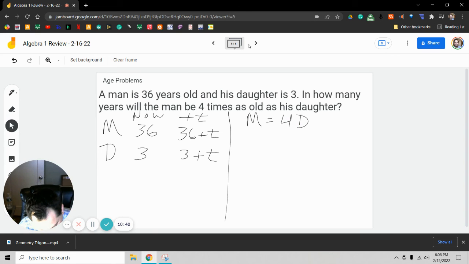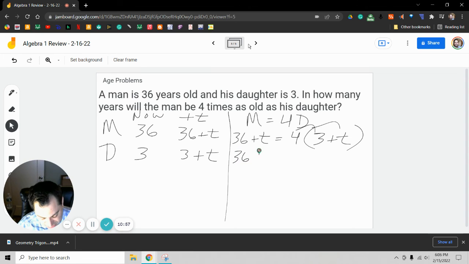So the man is 36 plus t equals 4 times the daughter. The daughter is 3 plus t. Let's distribute the 4. 36 plus t is equal to 12 plus 4t.